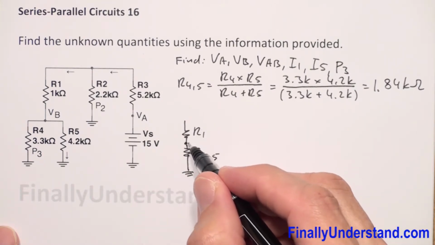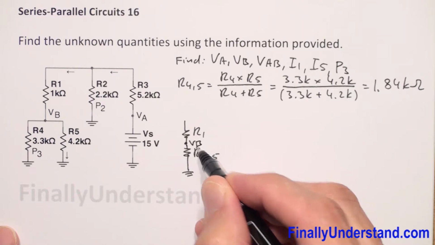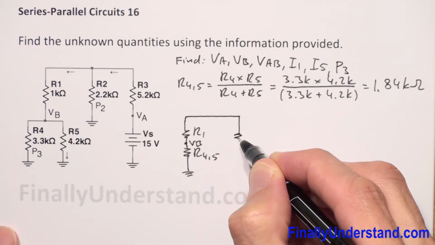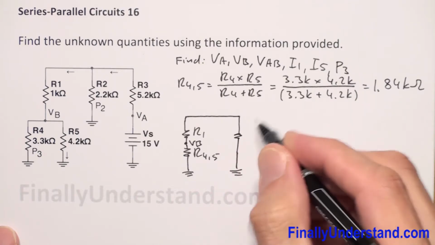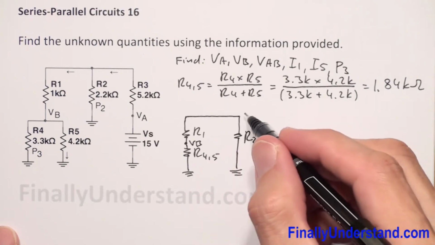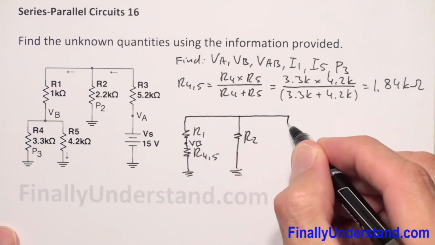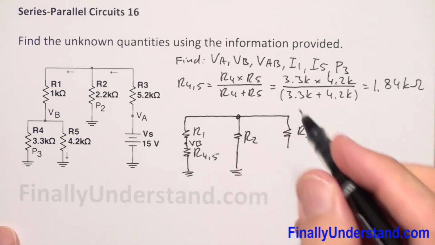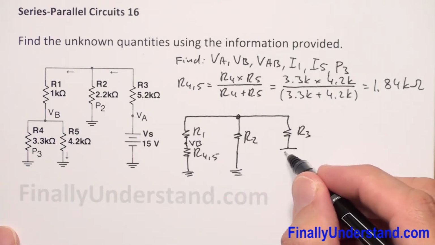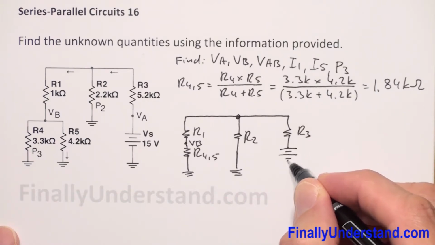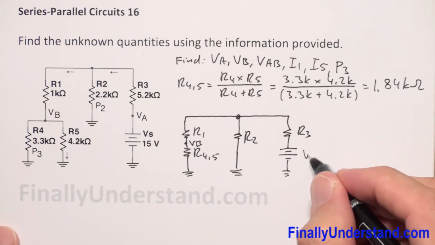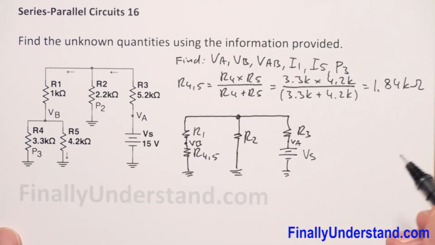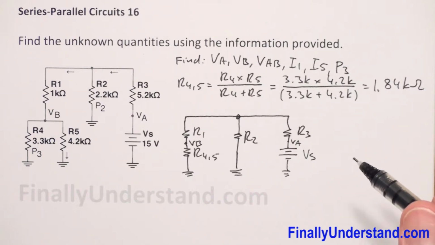This is my point VB, and I have over here R2, and I have R3, and I have the voltage source over here. This is my voltage source, and this is of course my point VA. So this is basically what we got so far.